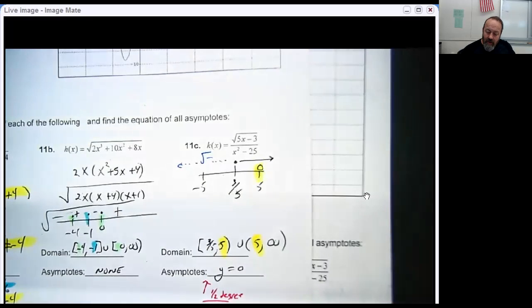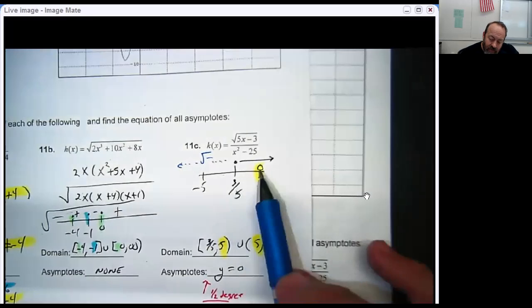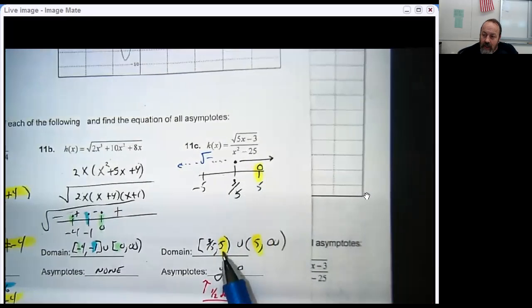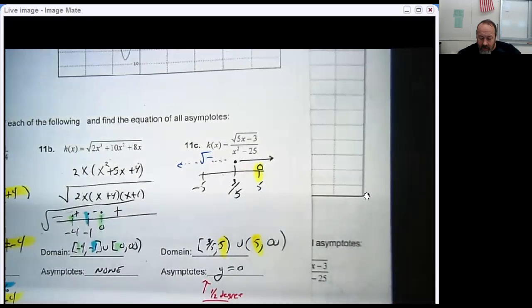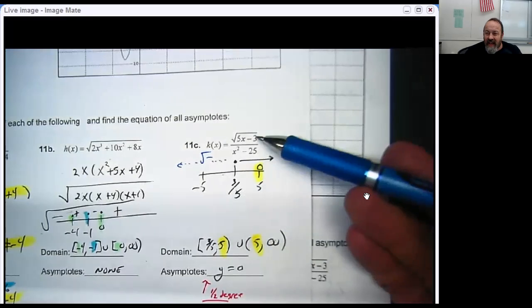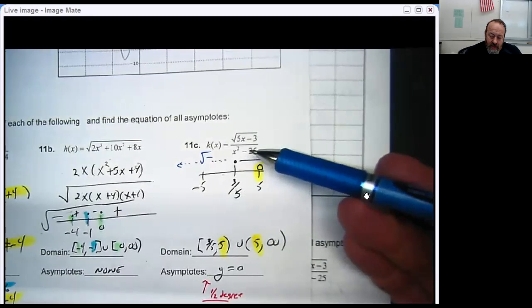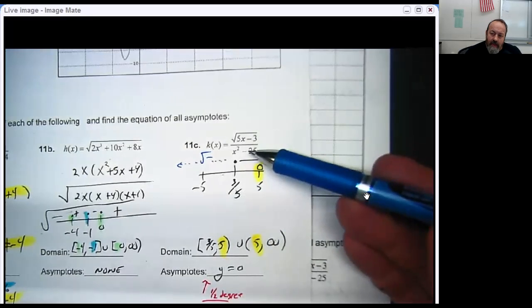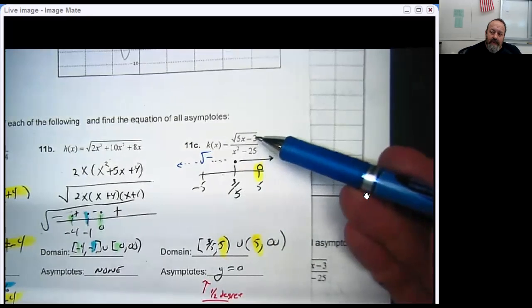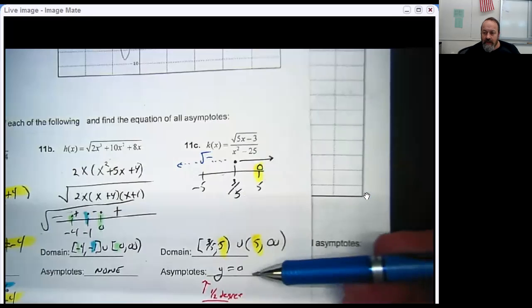So putting it all together, my domain was okay from 3/5 to 5, not included, and then from 5 to infinity. The only other thing that was kind of strange about this problem is that since the numerator is technically x to the 1/2 and the denominator is an x squared, this is one of those special problems where the degree of the numerator is smaller than the denominator, and anytime the top is smaller than the bottom, that drives us down to 0.